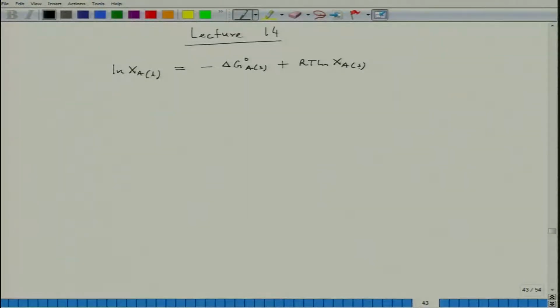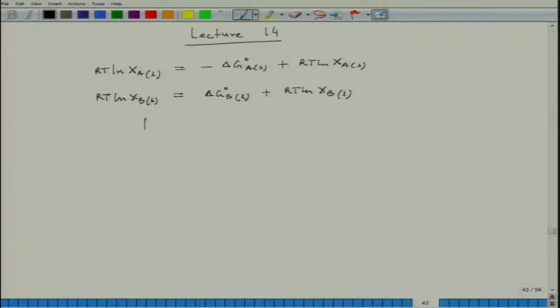This is one equation which was derived from the chemical potential of A in both the phases, that means liquid and solid, and the other equation was RT ln XB solid equal to delta G0B liquid plus RT ln XB liquid.